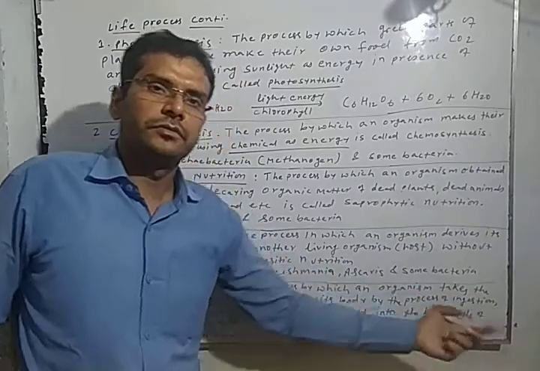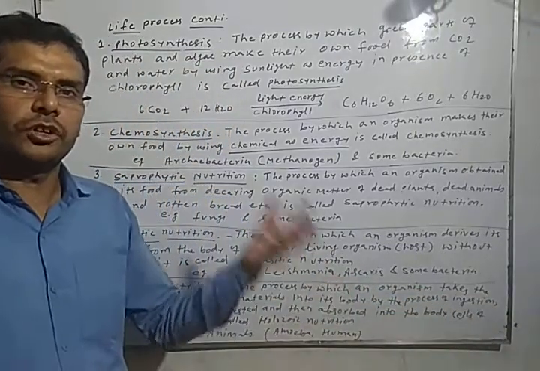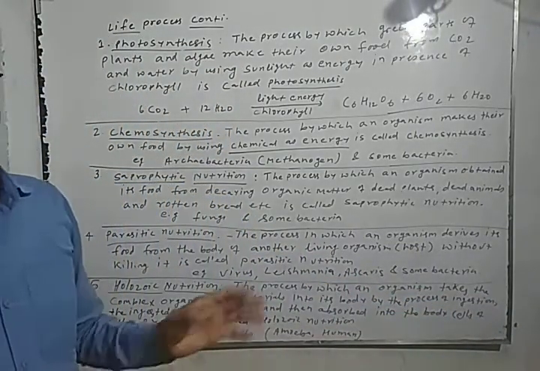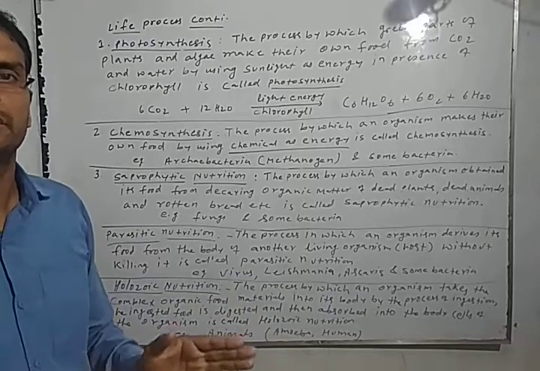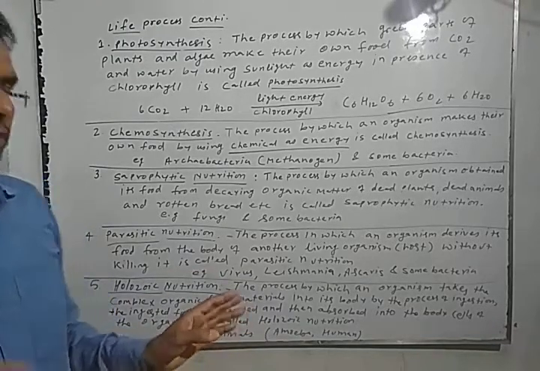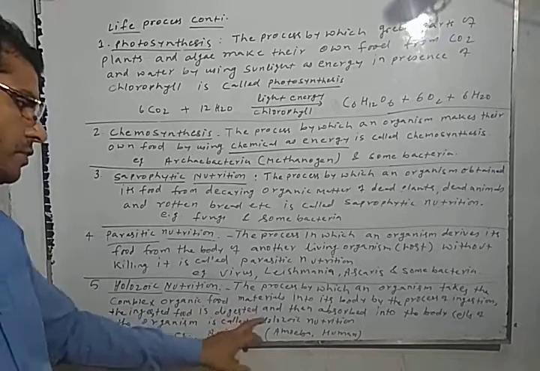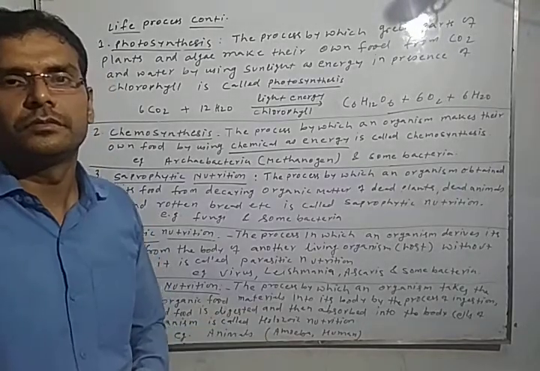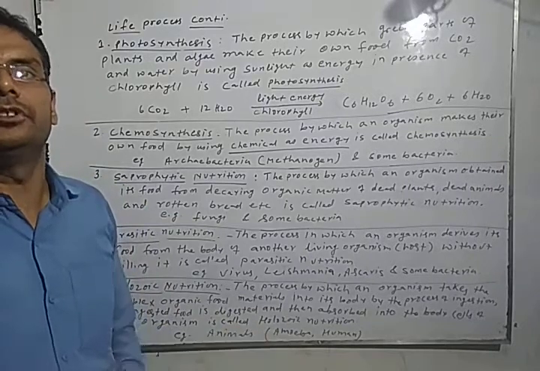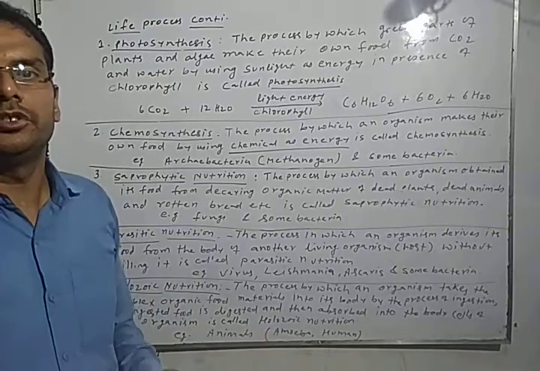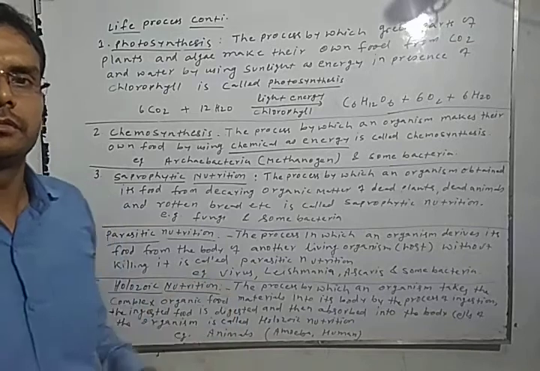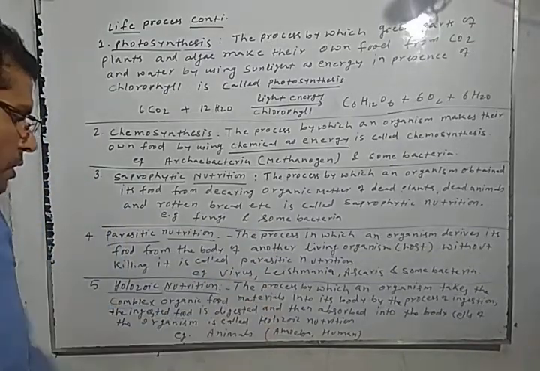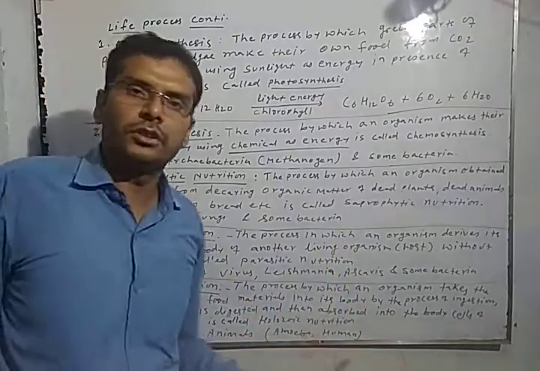And that ingested complex organic food is broken down into simple water soluble forms, called digestion, and that digested water soluble food is absorbed into the body cells of an organism. That whole process is called holozoic nutrition.